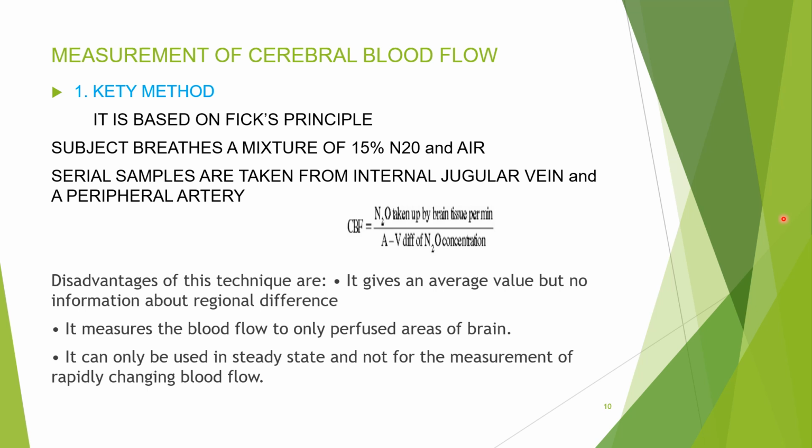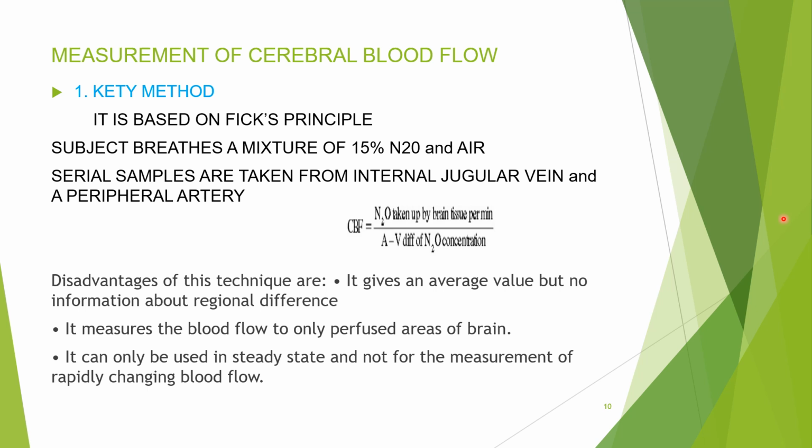It states that the amount of substance taken up by an organ per unit of time is equal to the arterial level of the substance minus the venous level of the substance, multiplied by the blood flow. That is, the equation is Q = (A - V) x F. So what is Q here?